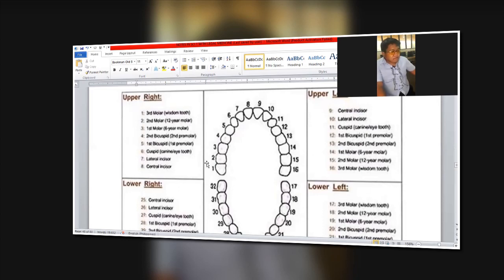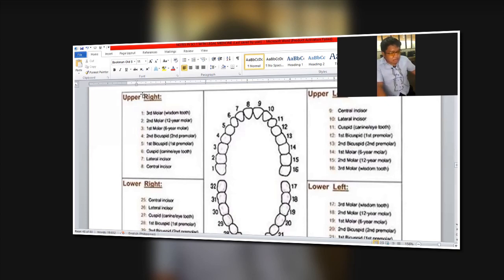Sa upper, mag-start ka sa upper right, numbering 1 to 7, papunta sa upper left, 16. So, sa upper right and upper left, merong 16. Sa baba, meron din 16, to have a total of 32 teeth. Kung meron kang 20 dyan, di kasalanan mo yan. So, ito yung counting niya.